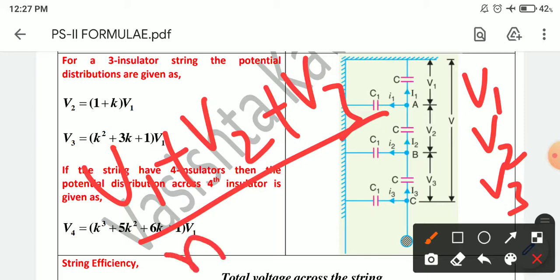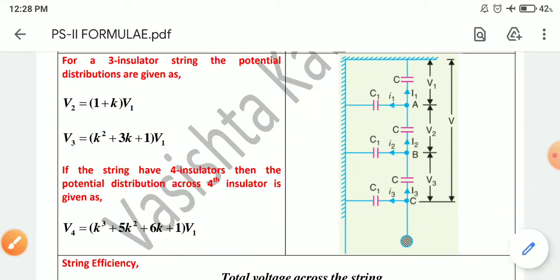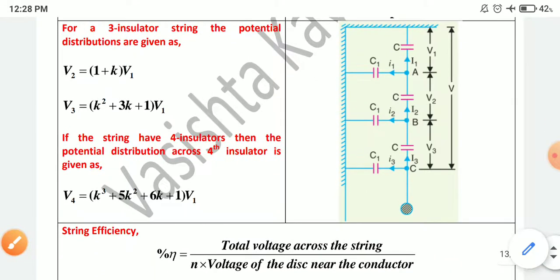N means the total number of insulators or discs in the string, into the voltage of the disc near the conductor. In this case that is V3, so the total voltage is V1 plus V2 plus V3, divided by N into V3. For example, if 4 insulators are there, we add V4, N becomes 4, and the conductor-side voltage becomes V4. This is the way to calculate the string efficiency.